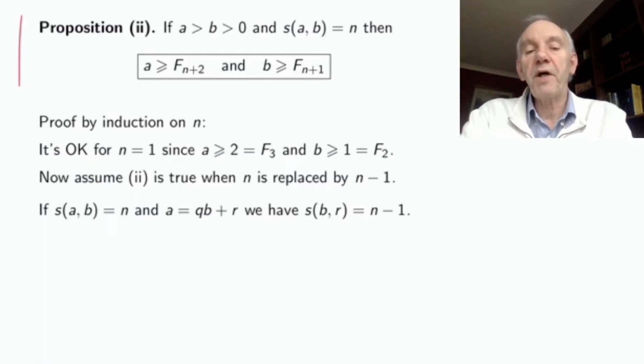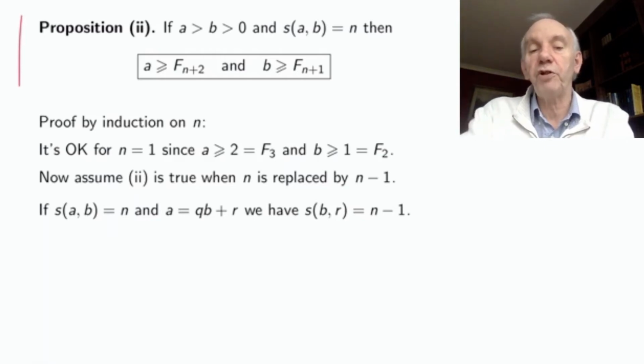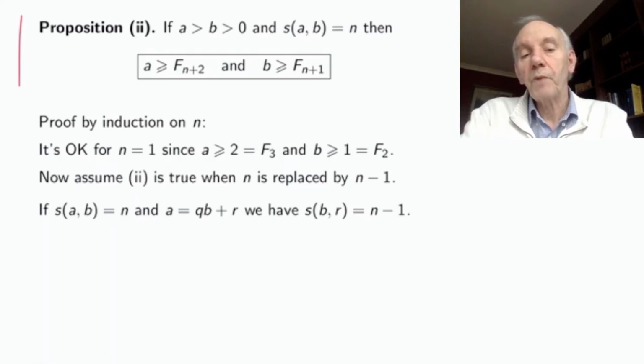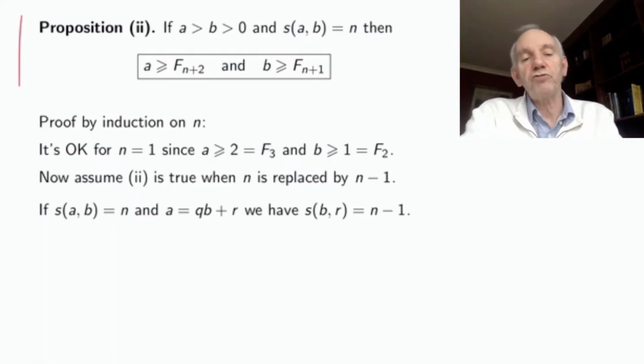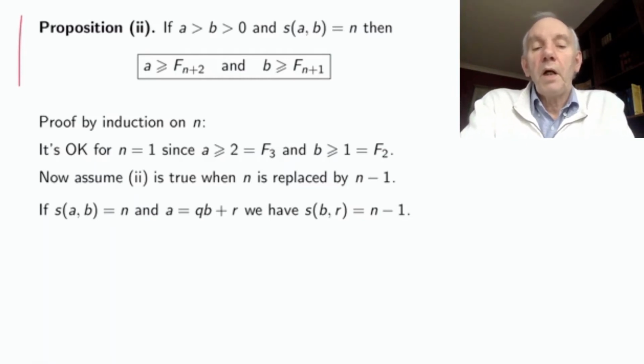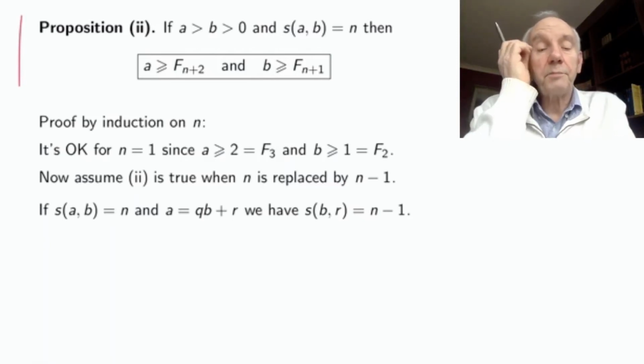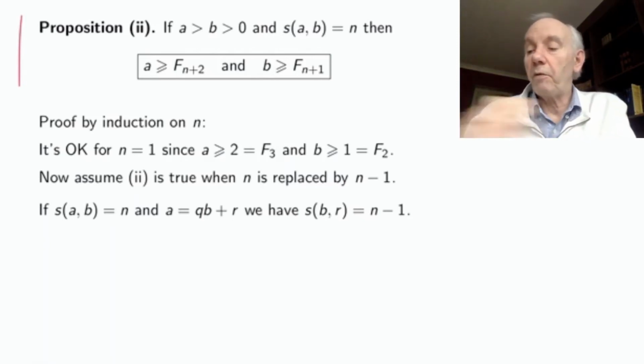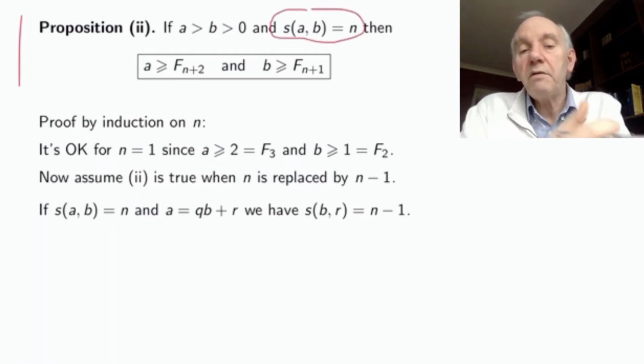So let's suppose that this proposition is true for n minus 1. We have a given value of n, maybe we're trying to prove it for n is 100, and let's suppose it's true for any numbers when n is 99. So now we want to prove this for the number of steps equal to n, say 100.